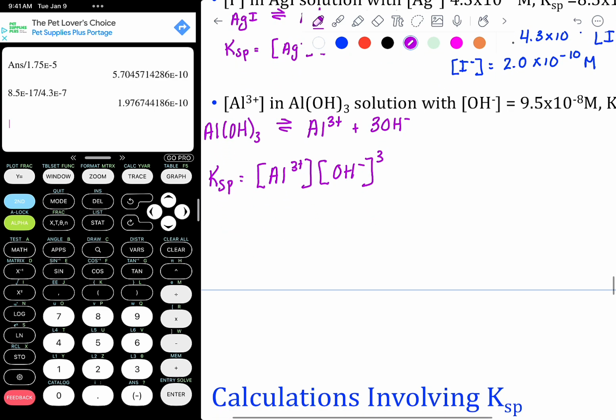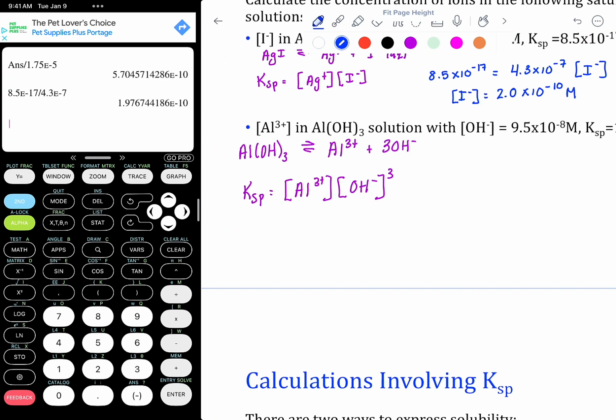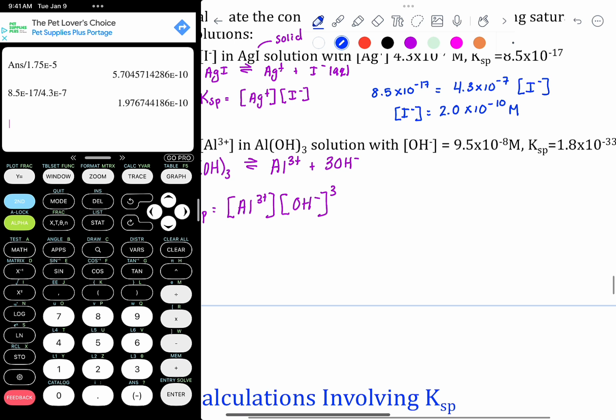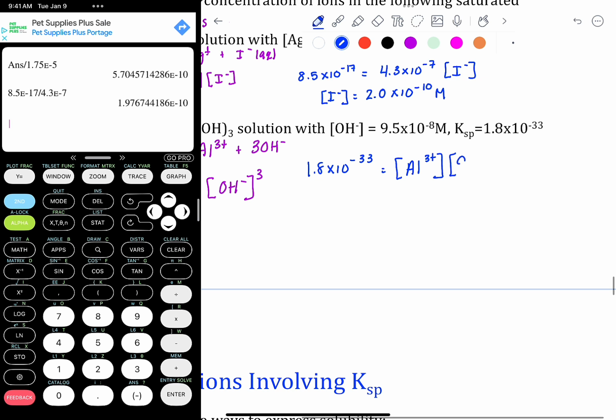Now that we know that, we can plug everything in. Our KSP is 1.8 times 10 to the minus 33. That's equal to the aluminum concentration, which we're finding, times that 9.5 times 10 to the minus 8, and we have to cube that value.